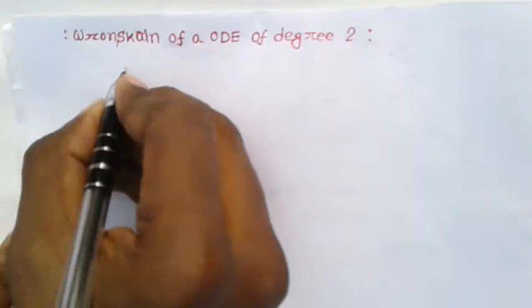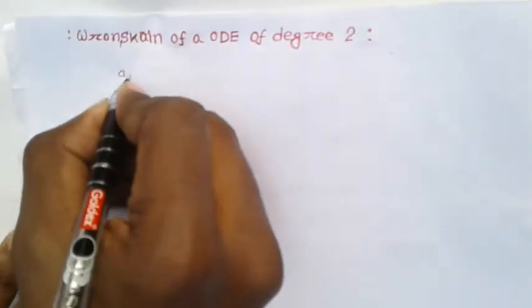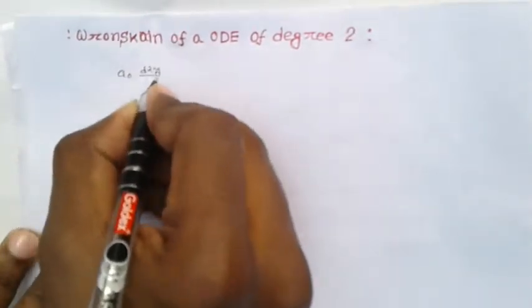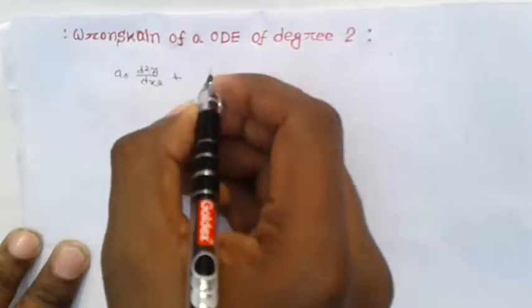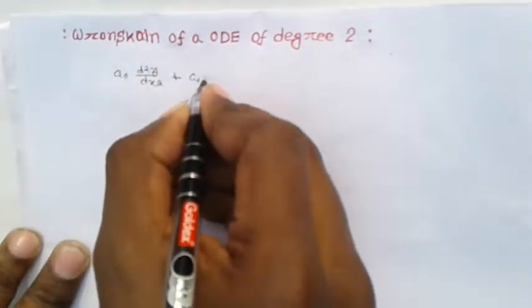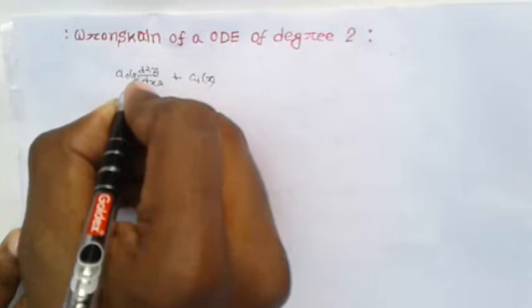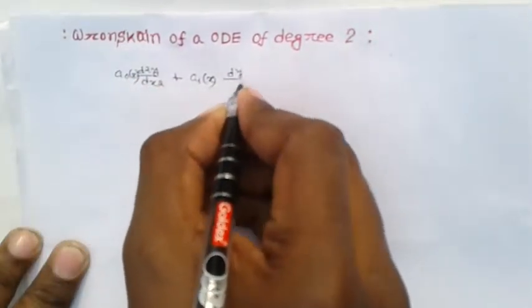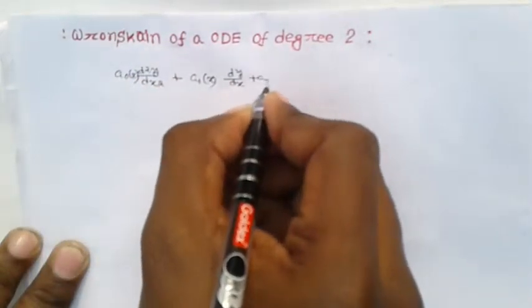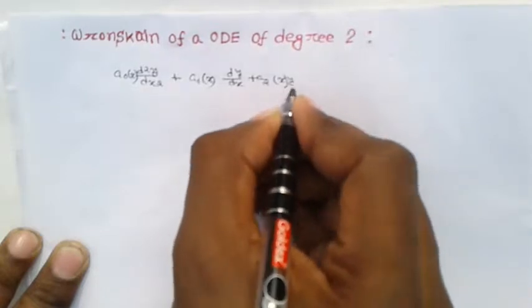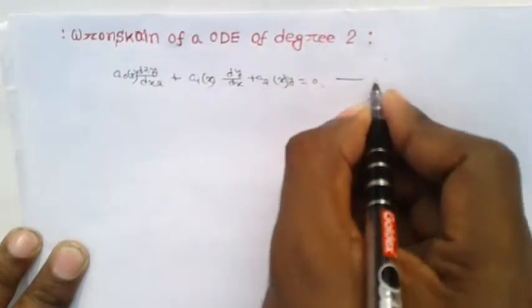Now I discuss the Wronskian of an ODE of degree 2. Suppose a0(x) d²y/dx² + a1(x) dy/dx + a2(x) y = 0.